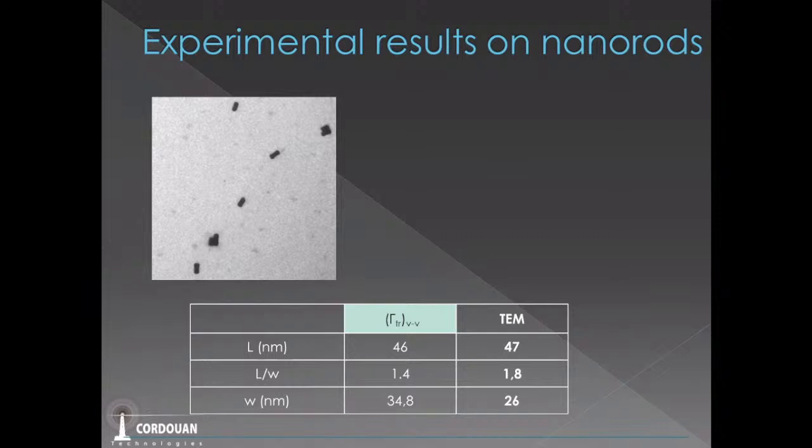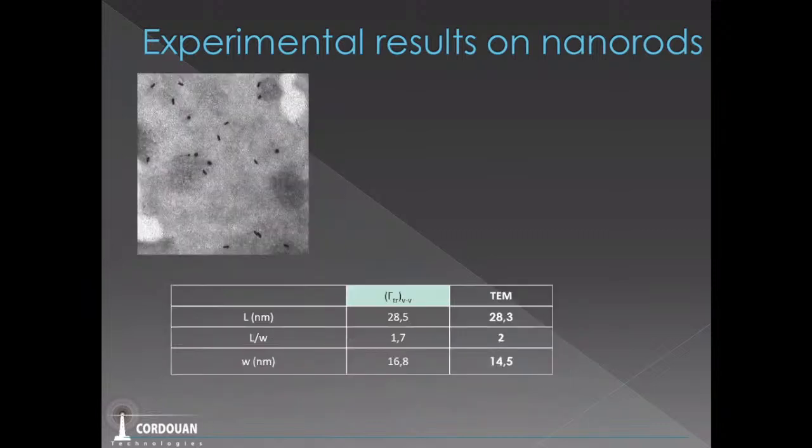Nevertheless, here is another experimental result. By TEM, we have 28 nanometers in length and 14 nanometers in width. By our measurement, we have achieved 28.5 nanometers, so it's nearly the same, and 17 instead of 15, so we are really close. It's working very well on that kind of sample.